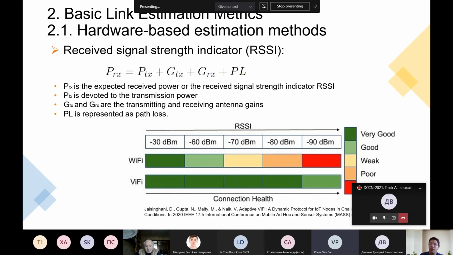At long transmission distances, the signal gets weaker, leading to a probability of packet losses, since the receiver cannot decode the signal correctly. It indicates how well a particular radio link can hear the remote wireless node. Here we have an example of using RSSI to estimate the link quality in a Wi-Fi network.